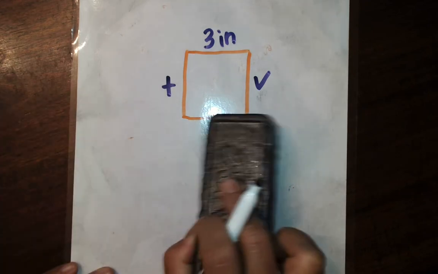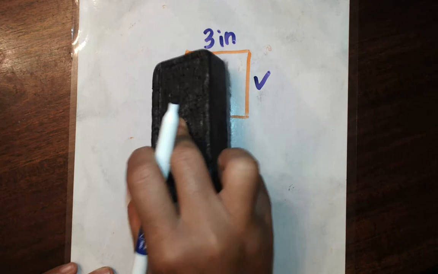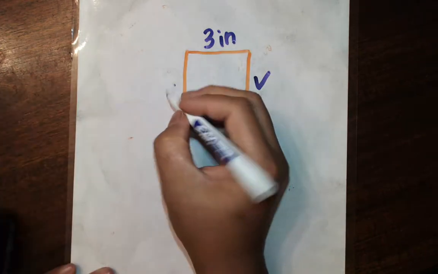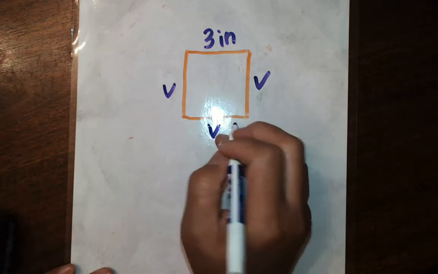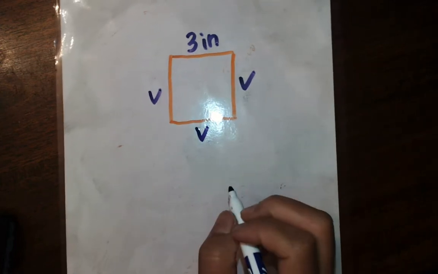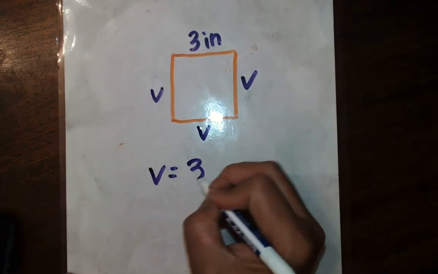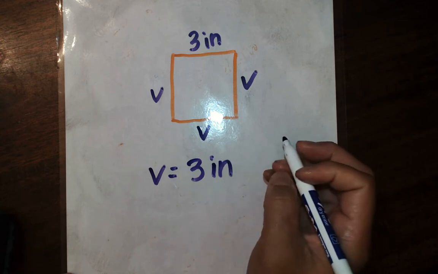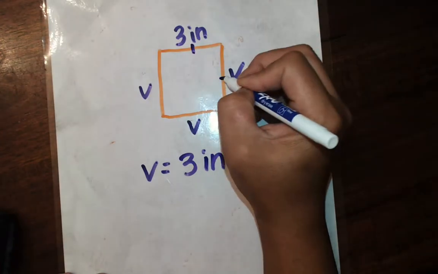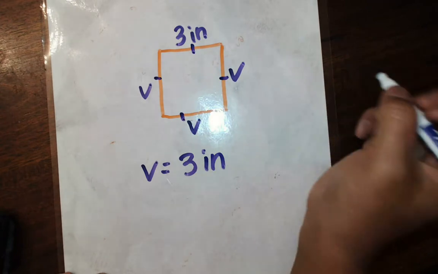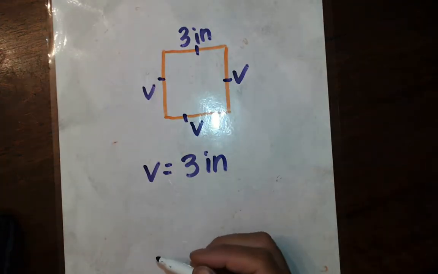Actually, let's make all of these letter V, because remember, they're all the same, right? Letter V would equal 3 inches, because a square has all the same length on every single side. That's what makes a square, right?